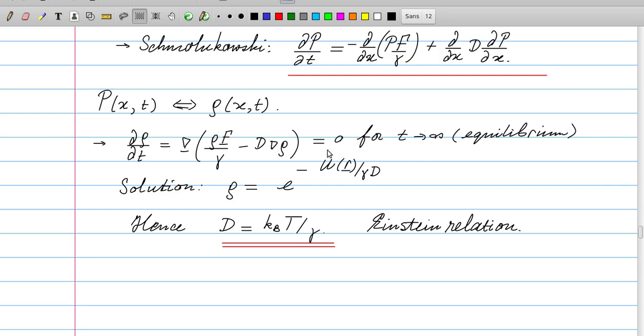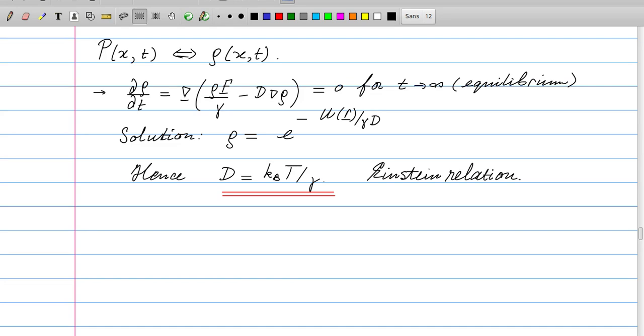And then we have equals 0 on the right hand side, so now we have an equation that we can solve, and again we find that rho is equal to e to the power minus U(r) over gamma D, hence we have that kBT over gamma is D, and that's the Einstein relation.